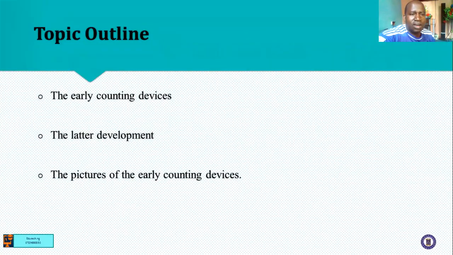Now, the topic outline. We are going to be talking about the early counting devices, then the later development, and then we are going to see some pictures of the early counting devices.